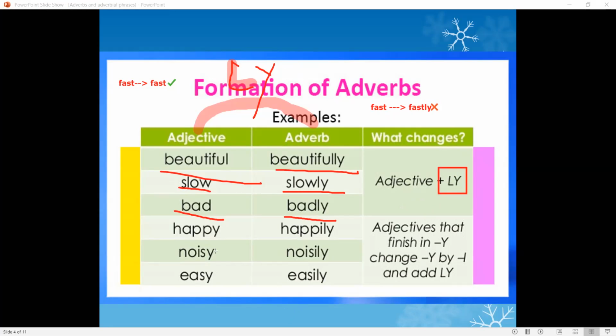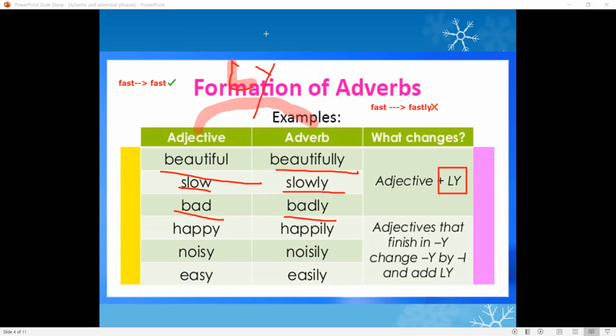Okay, guys. Next, we have happy, happily, noisy, noisily, easy, easily. He ran happily. He cried noisily. He answered the exam easily. What changes happened here in happily, noisily, and easily?